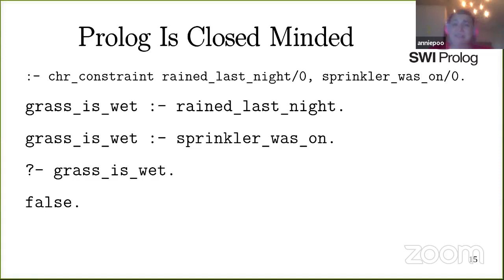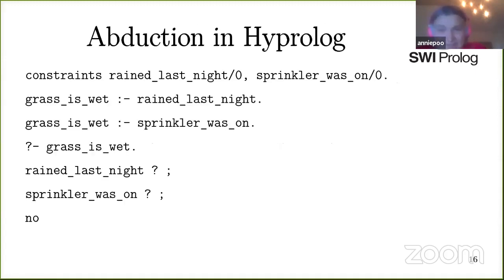But Henning Christiansen at Roskilde University in Denmark has built a Prolog that handles abduction. Or I should say, as a kind of an aside, that building a Prolog to do a specific kind of reasoning is a fairly common thing.